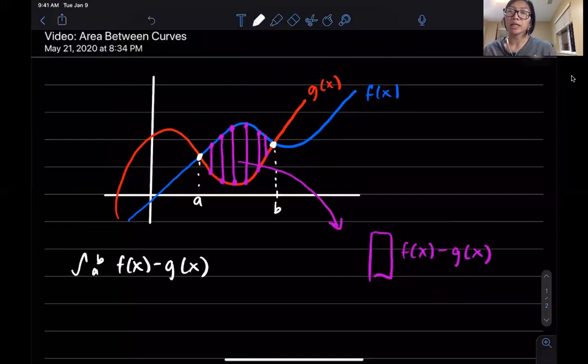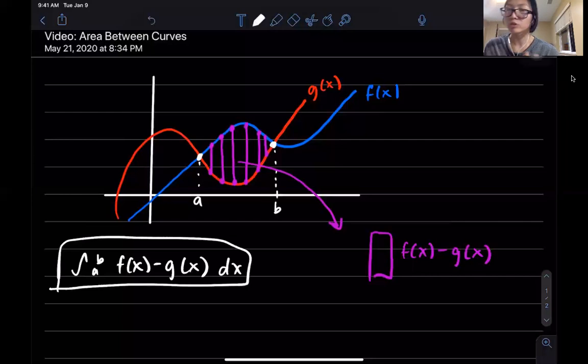To consider the fact that we're going to have infinitely thin slices, and we're going to have a bunch of infinitely thin slices, that's what we cap it off with our dx, right? So this is how we visualize and understand the area between curves, right? So this is how we get this formula, right?